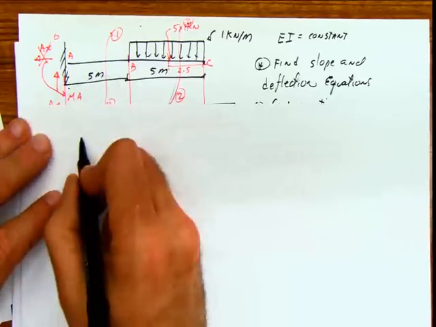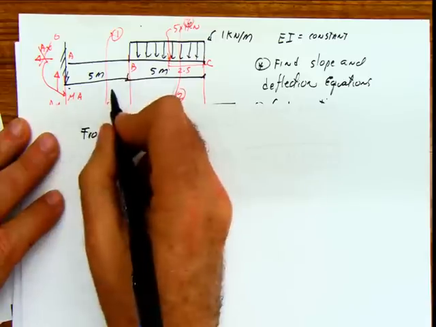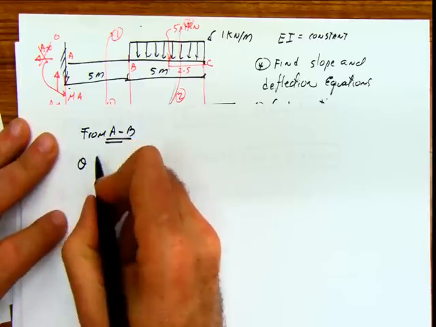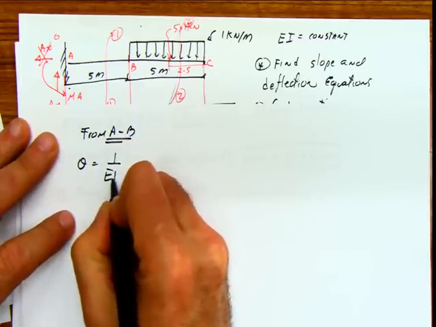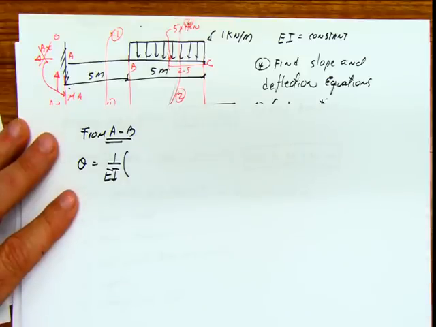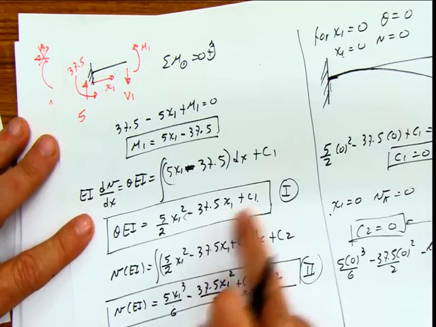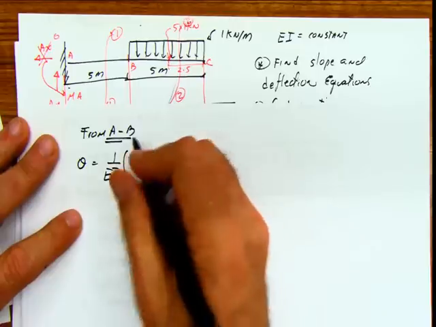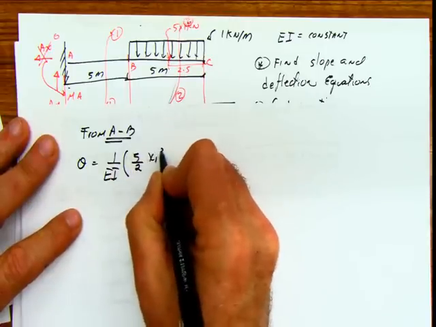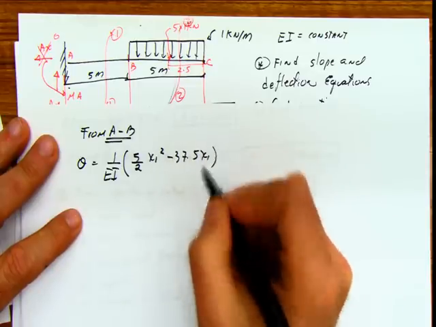From A to B, the first part, my slope was 1 divided by EI times the equation that we got for that, and C1 we already calculated, it was 0. So 5 half x1 squared minus 37.5 x1. This is the slope.